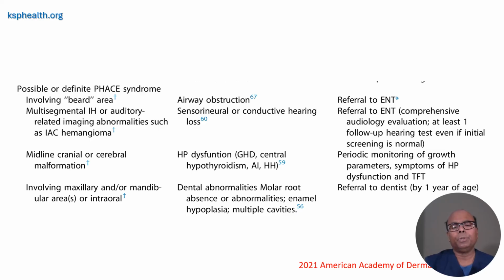In addition to airway obstruction, they can have sensorineural and conductive hearing loss, so again, referral to the ENT is important. When there are midline defects, one should look for hypothyroidism. And when there are perioral dental abnormalities, referral to the dentist by 1 year of age.